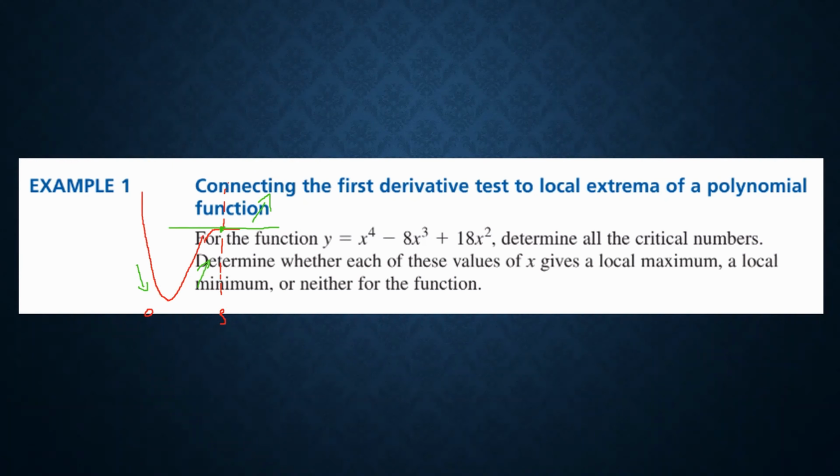So we showed that 0 gives us a local minimum and 3 gives neither. Okay. So 0 and 3 are both critical numbers, but 0 is a local minima and 3 is not. Is it clear, guys? Yeah.